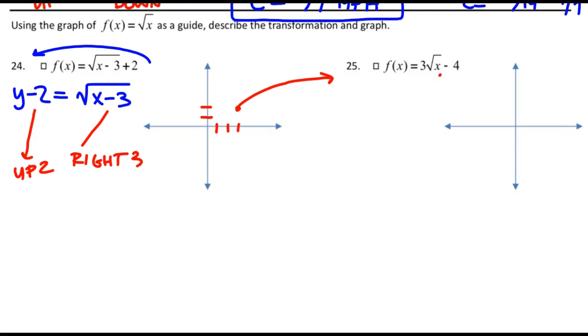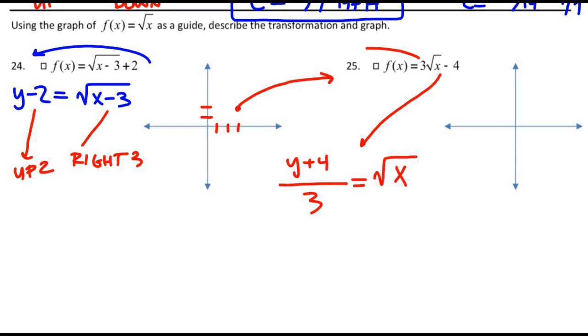Yep, so there we go on that. This next one doesn't have any right or left, but now some of you like to move everything over, that's totally fine. So this would be a y plus 4 over there, and then that 3 is going to move over there as a divide, and that equals the square root of x, so there is no horizontal effect here.